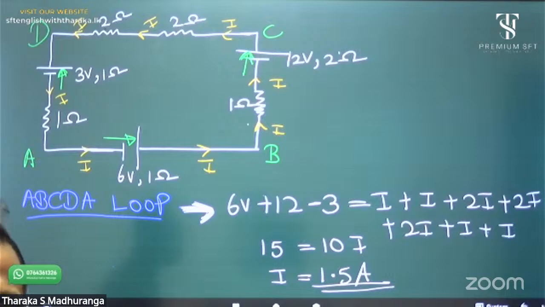Now correct. Sarmya, check your calculation. I think one value missed. Yeah, no plus, all are multiplication, IR product. Sarmya, check again.